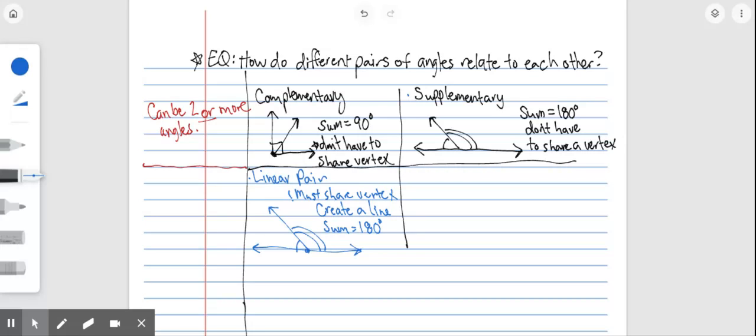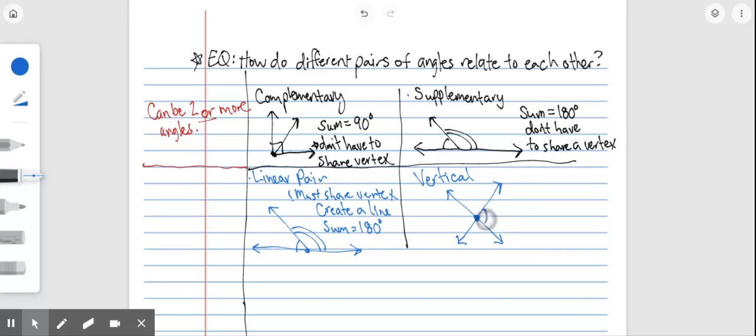Okay. And then the last one is vertical angles. Vertical angles are basically opposite angles with a shared vertex.